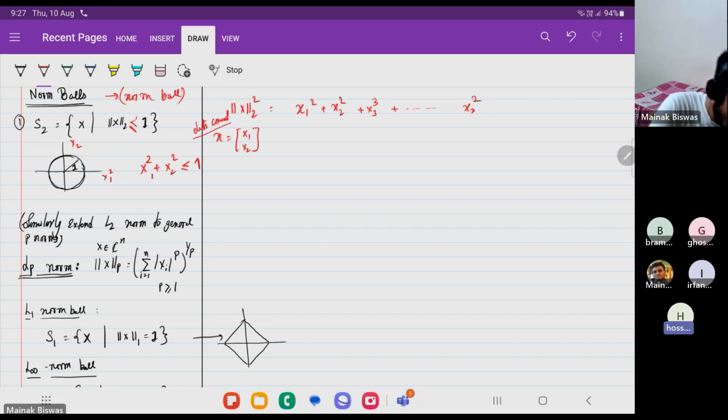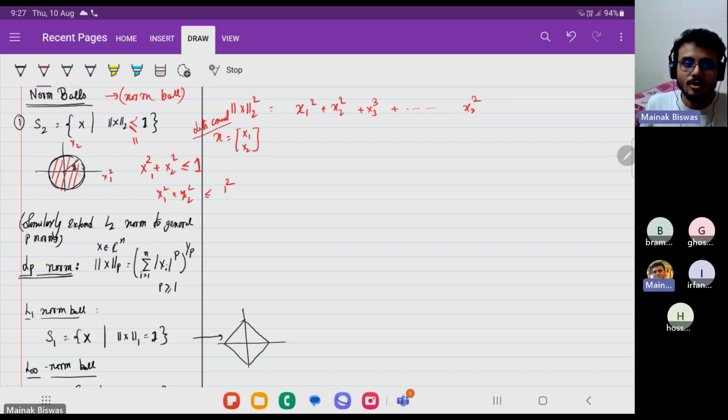What is the equation x1 squared plus x2 squared less than or equal to 1? Do you agree this is the equation of a circle? Yes, sir. So your normal Euclidean distance balls from the origin are circular balls that expand. That's why there is a very good relation, as we have shown, between polar and Cartesian coordinates, right?